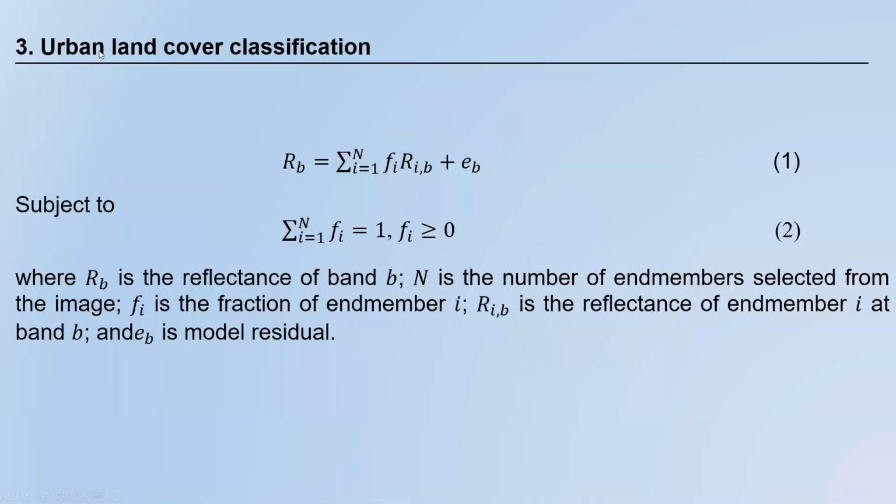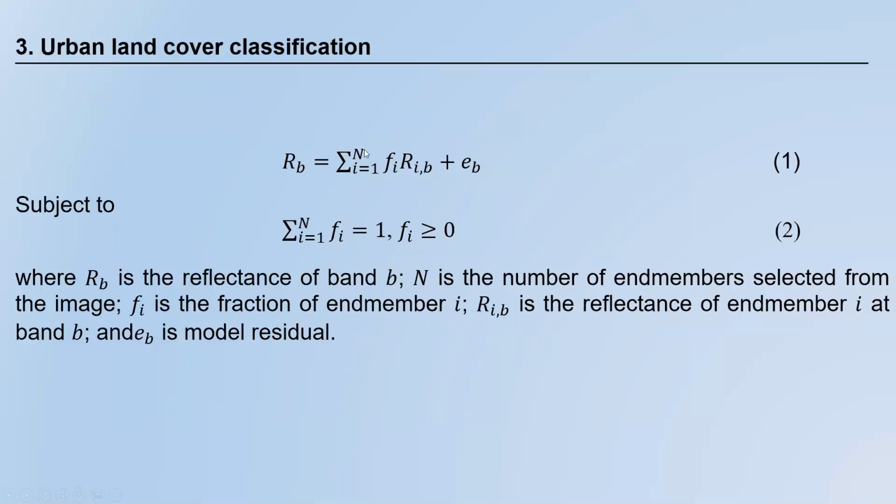Now, based on that linear idea, we have this formula 1. On the left side, we have RB, the reflectance of band B for a pixel. This is the total reflectance I mentioned before for that single pixel. And capped N is the number of end members selected from the image.